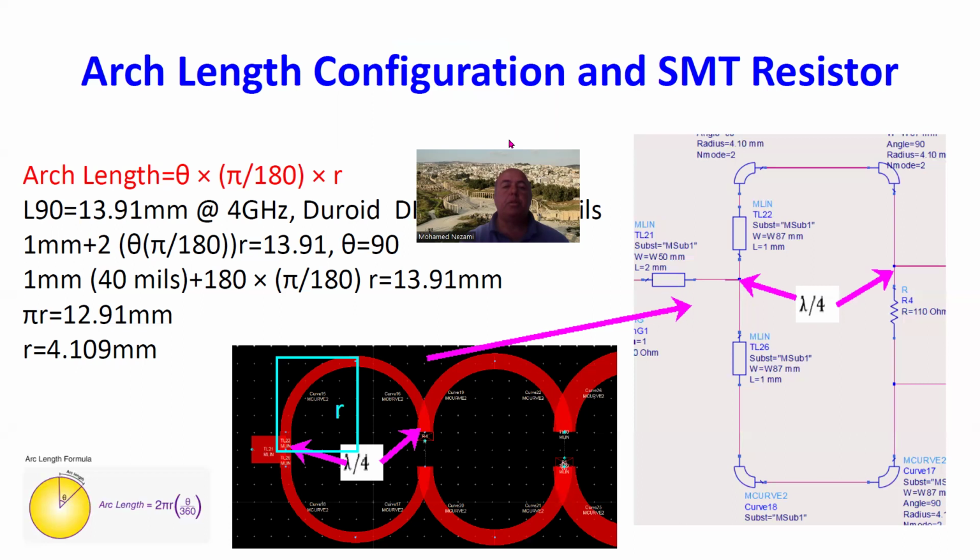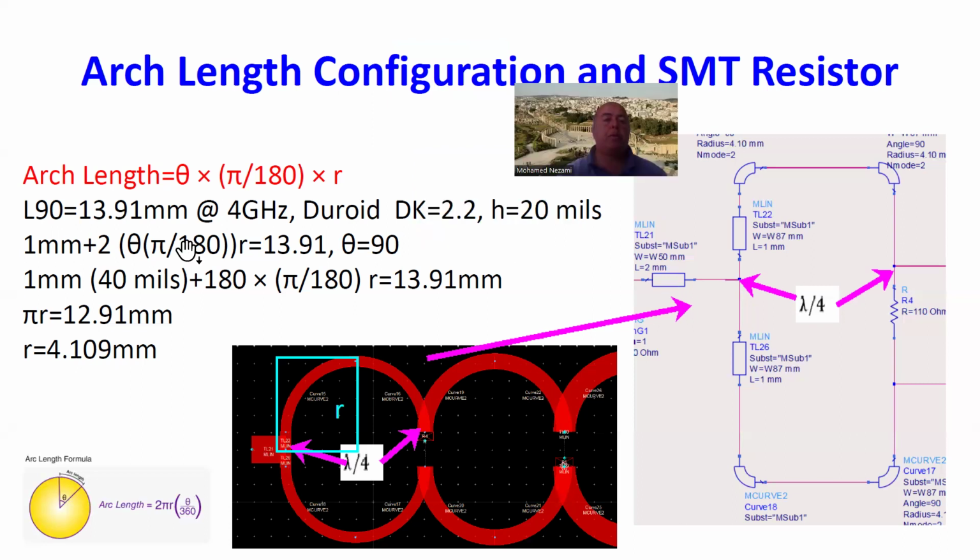So, if you solve the quarter wave, 90 degrees, with this duroid 20 mil, it's 13.9 millimeters. So what you want is the total length from here to the middle of this 50 ohm line to be a quarter wavelength, which is 13.91 millimeters.